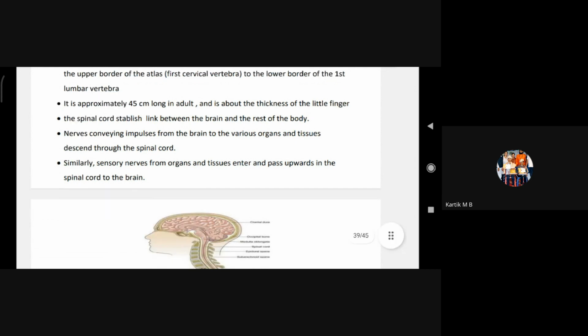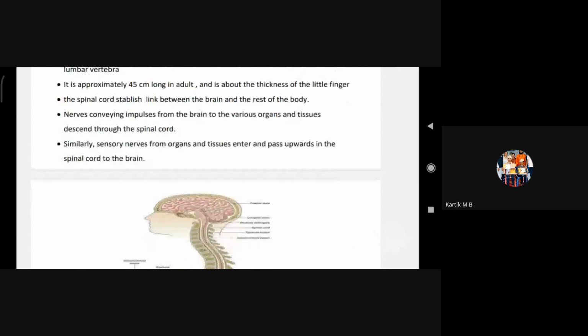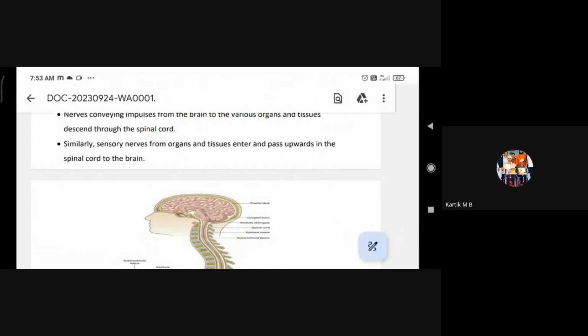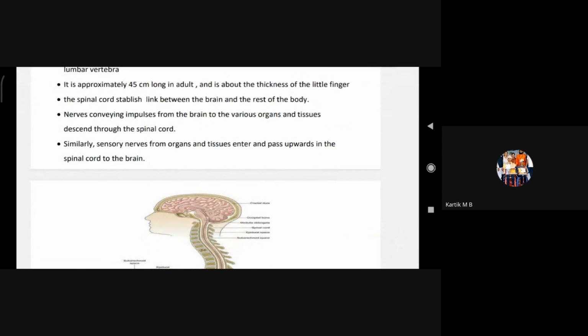The nerves conveying impulses from the brain to various organs and tissues descend through the spinal cord, because the peripheral nervous system originates from the central nervous system only.